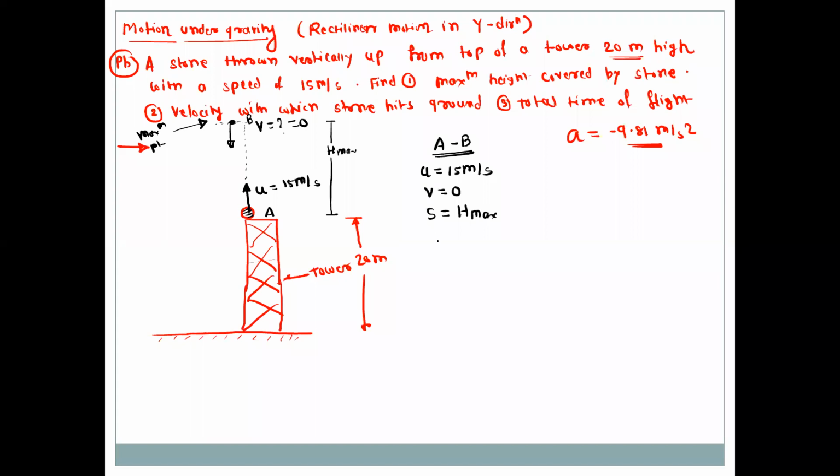Then time t is also unknown. So if you refer three equations, first is v is equal to u plus at. Then s is equal to ut plus half at square. And last is v square is equal to u square plus 2as. Okay, so which equation out of these three should we use so that we can get the height h max?